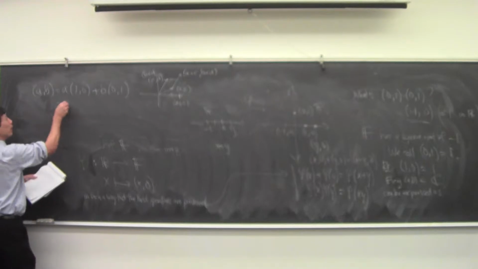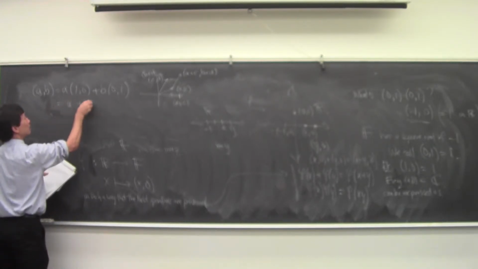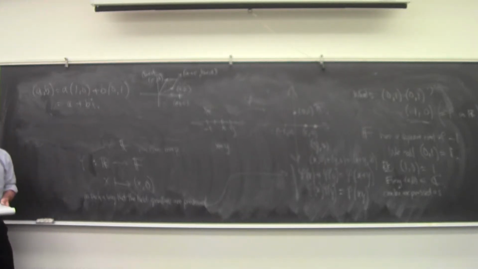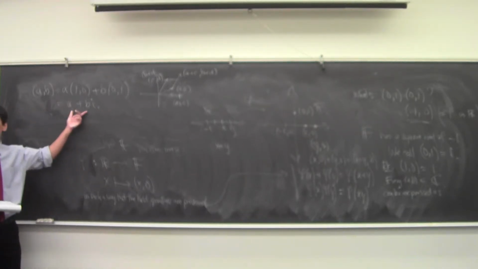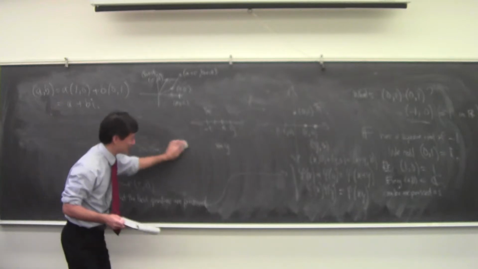So everybody in the field can be written as A times 1 plus B times I, and this is what you're used to from, I don't know, junior high school or whatever. High school, whatever you saw. I don't remember. It's been too long.